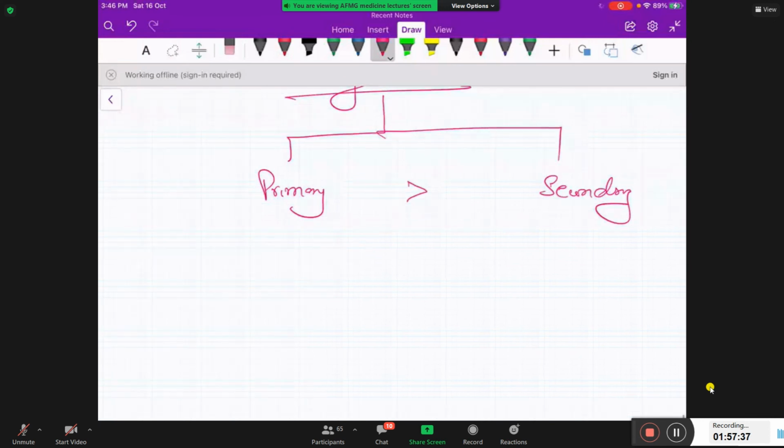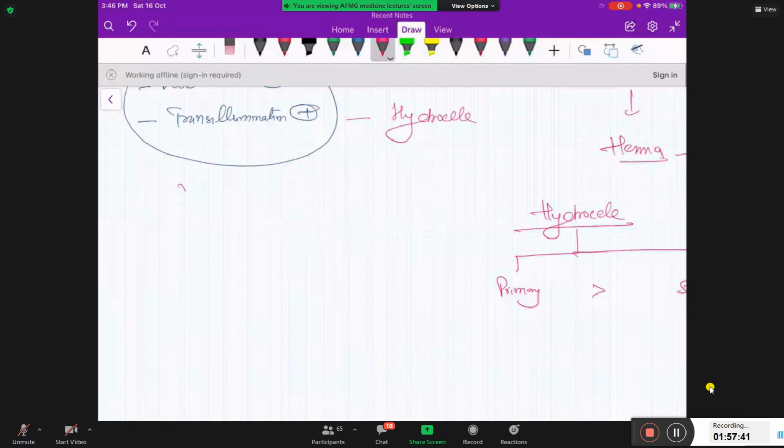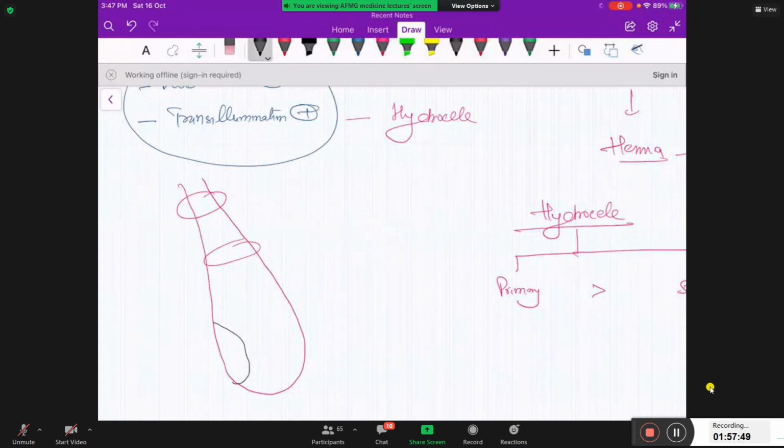Now, what is hydrocele? Please understand this. What happens normally? This was a processus vaginalis. And this was the testis. Right? In a normal situation, what was happening? This gets obliterated here.